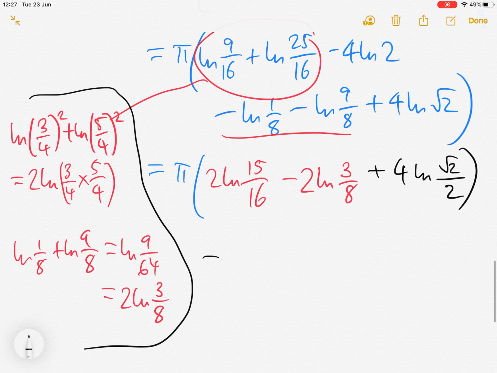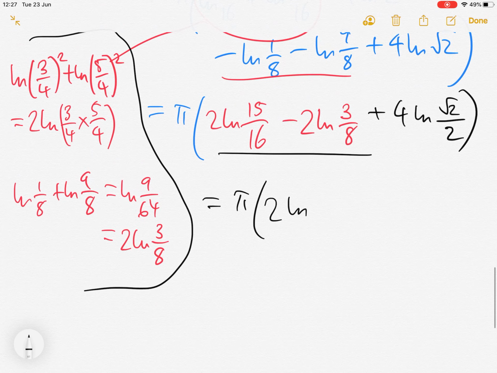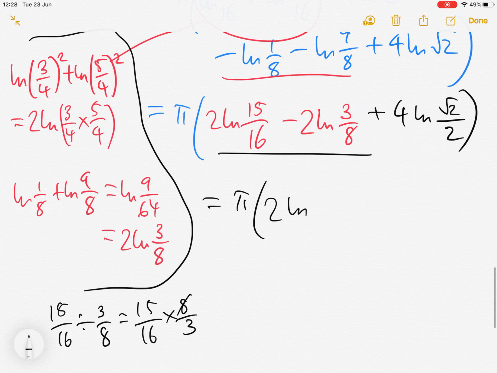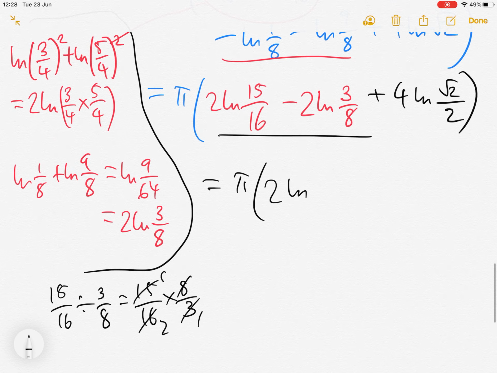So then, if I combine together these two terms, I've got 2 log, and then we're going to divide 15/16 divided by 3/8. So that's the same as multiplying by 8/3. So that's 15 over 6, but then it's just 5 over 2, isn't it?